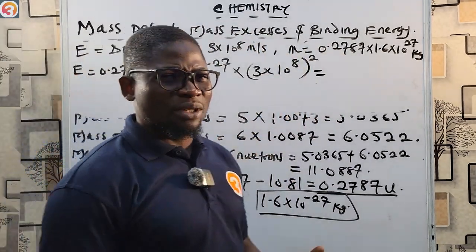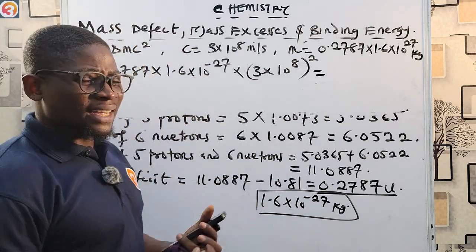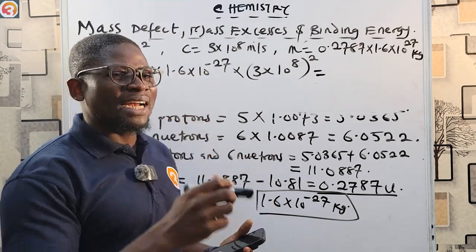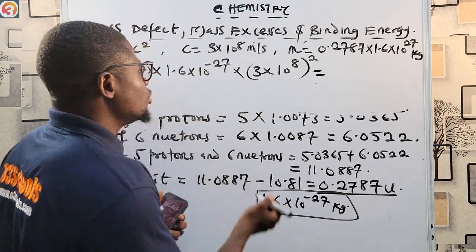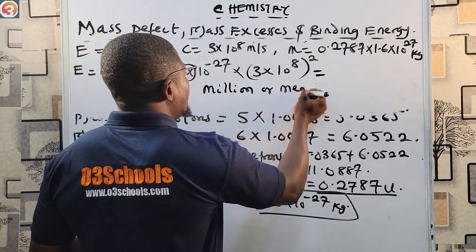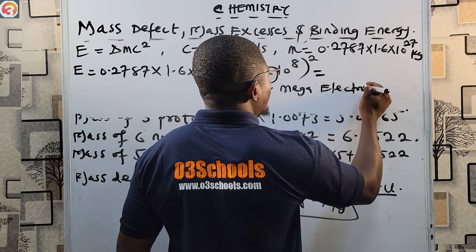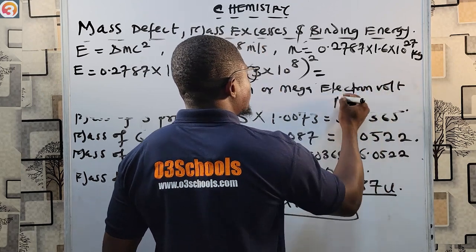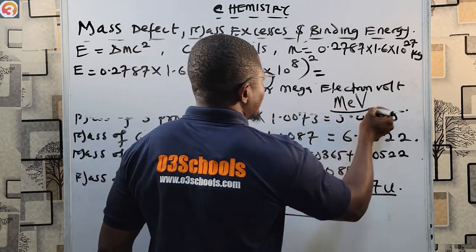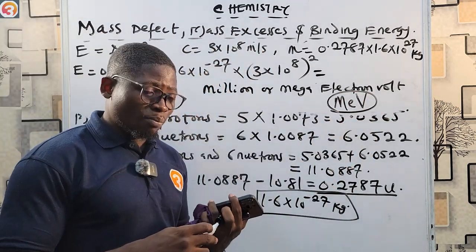Another thing we should note is that we can convert the mass defect in unified atomic mass, or the binding energy, to mega electron volts, MeV.